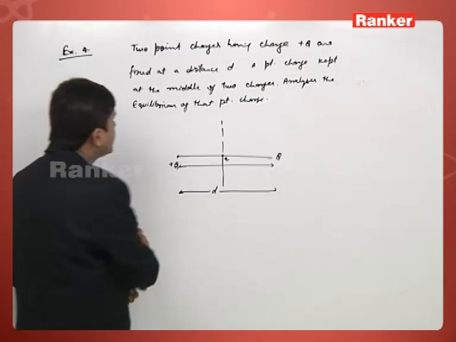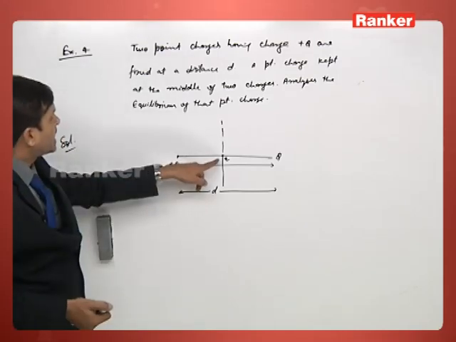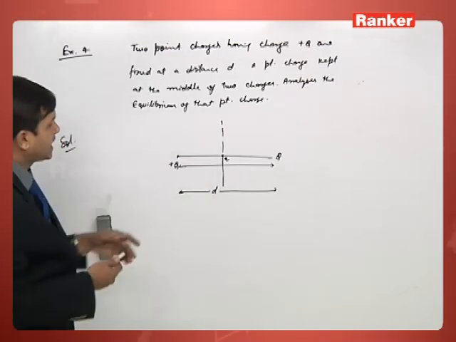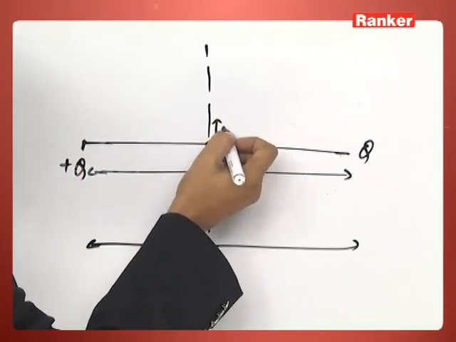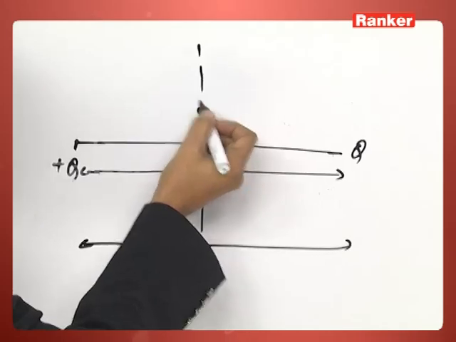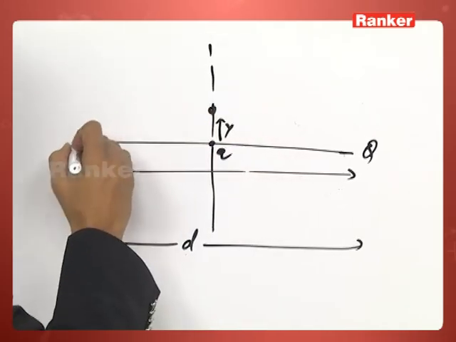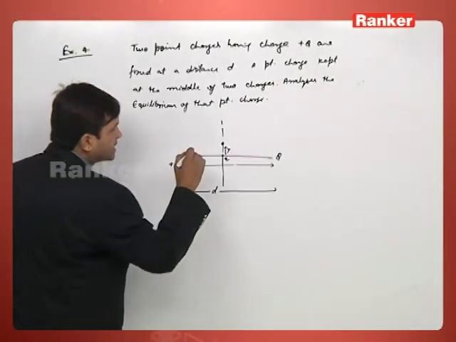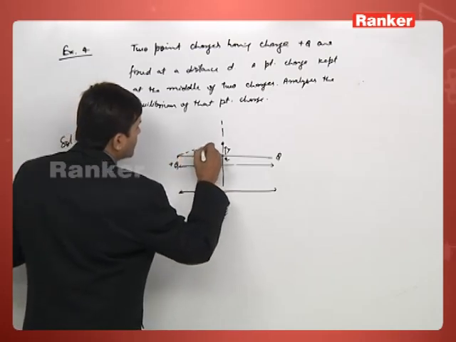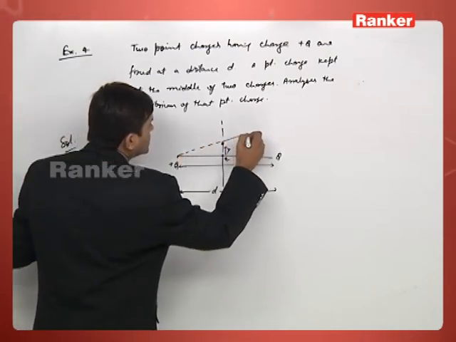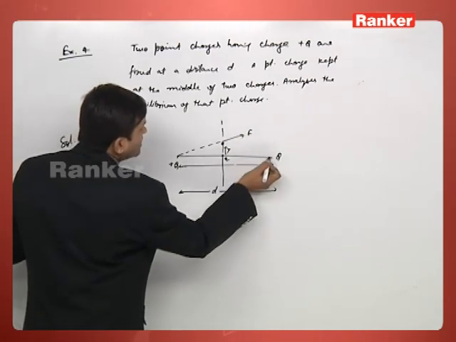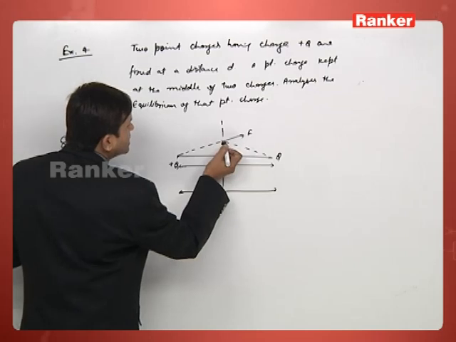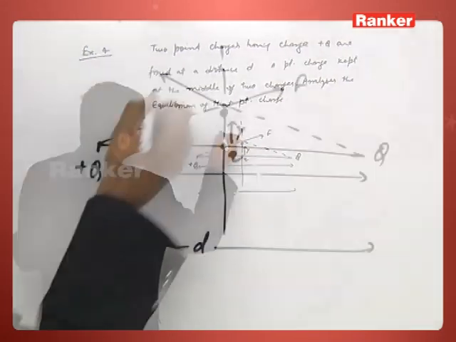So now if we are displacing the charged particle in the perpendicular line here, suppose the charged particle is slightly displaced by distance y, it is here. Now if we are talking about the forces on this charged particle, one force is here due to this charge and another force due to this charge in this direction.